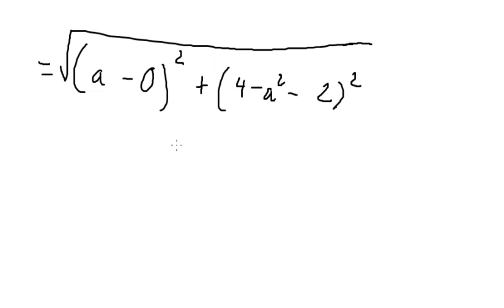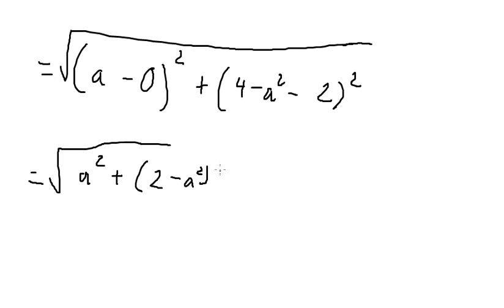Now, we need to simplify this. So we have a squared plus (2 minus a squared) squared. Now we need to expand this.